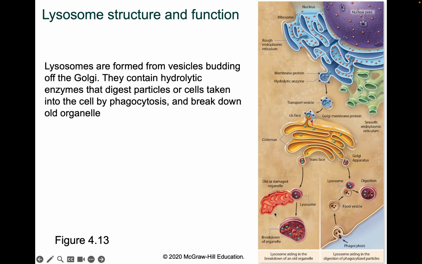One way of recycling is that the lysosome comes, for example, to this old or damaged organelle, the mitochondria, and fuses with it. Now the mitochondria will be exposed to all of these proteins that break down macromolecules, which is what this whole thing is made of.